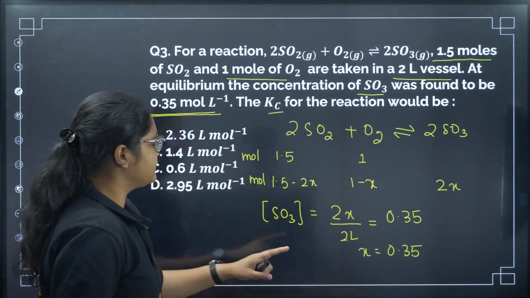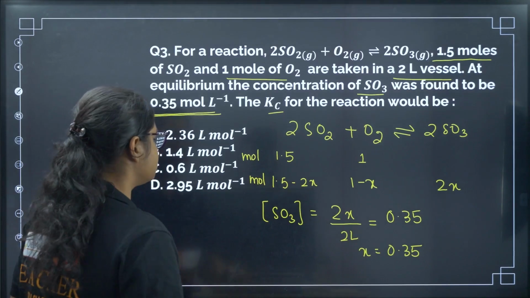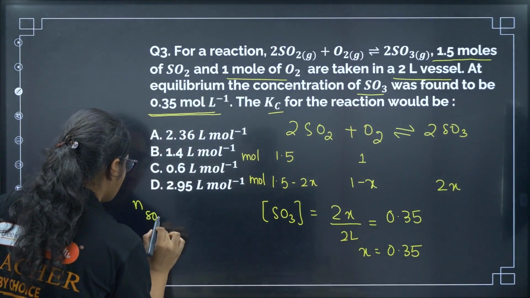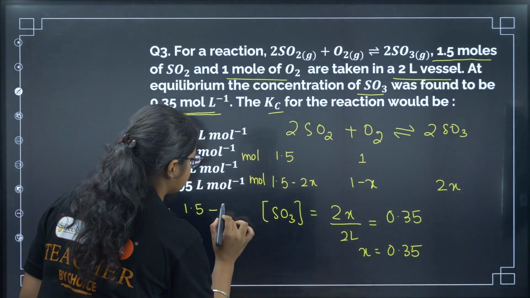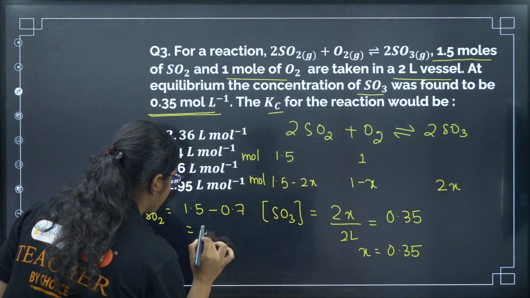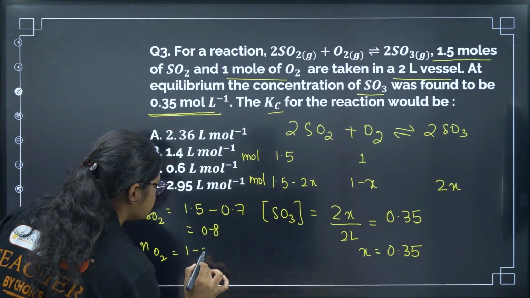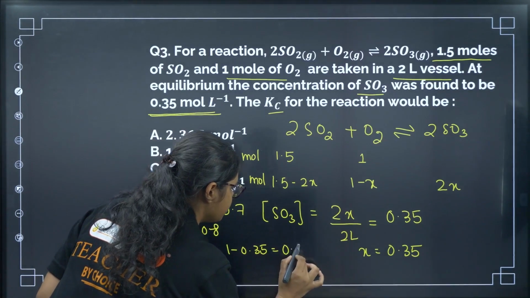Now after this we can calculate the equilibrium amounts of all the compounds. What will be the moles of SO2 at equilibrium? Moles of SO2 will be 1.5 minus 2x. 2x is 0.7, so that is 0.8. Next, moles of O2 is equal to 1 minus x, that is 1 minus 0.35, that is 0.65.